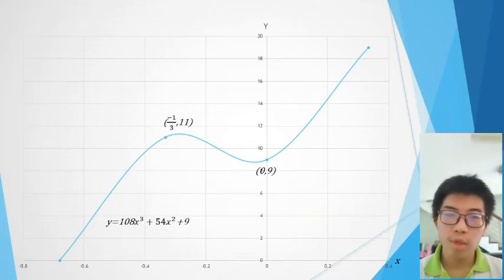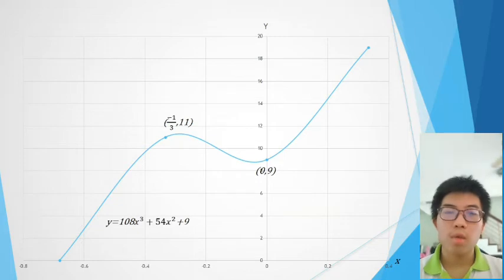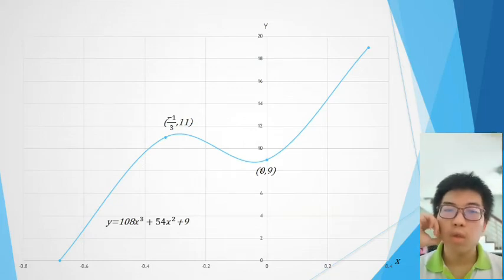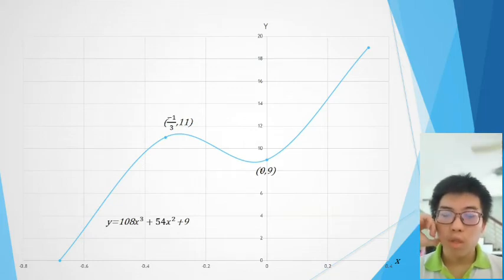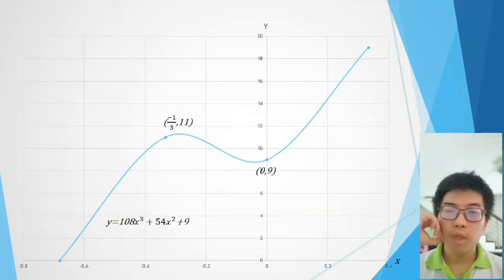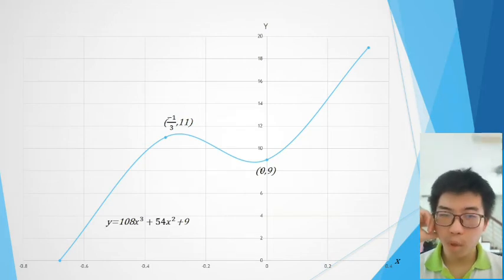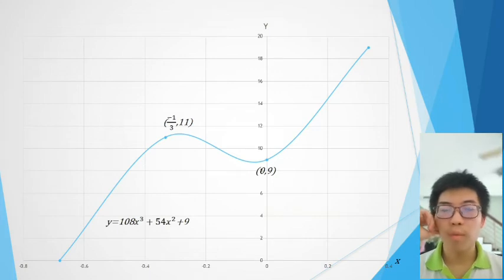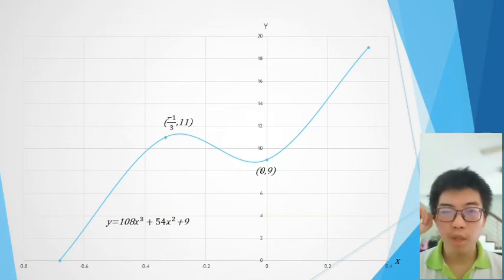We draw the maximum point at (-1/3, 11), and then we draw the coordinate (0, 9) as the minimum point. We can see that the y-intercept is at 9. So the graph at the minimum point will be like this, and then the maximum point at (-1/3, 11) will be like this.